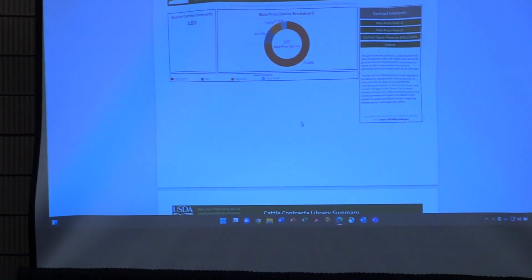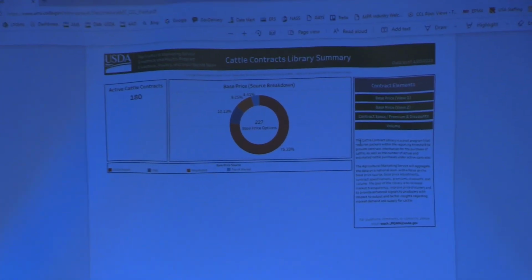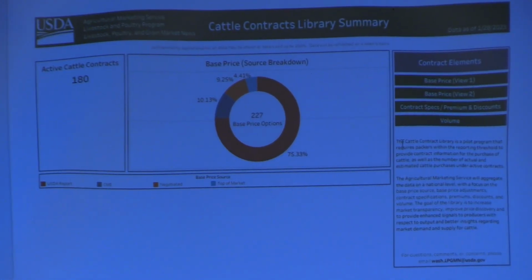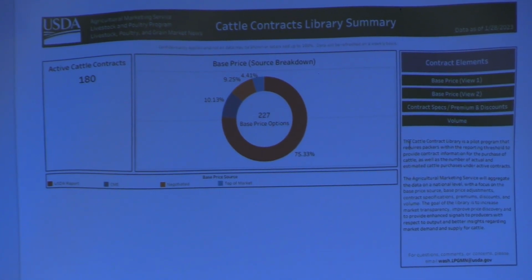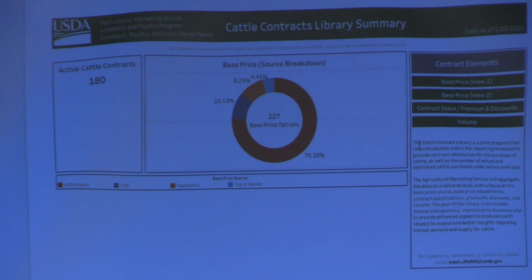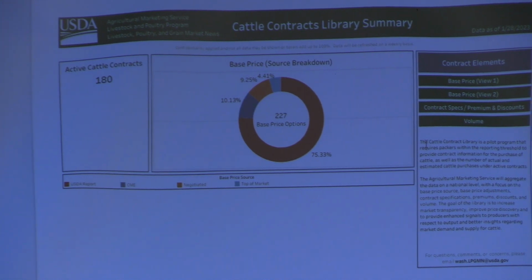As Bruce already alluded to, what the library really does is, as you're probably familiar with, all of our livestock mandatory reporting data. We get submissions from packers who slaughter over 125,000 head annually, and they submit that mandatory price reporting data to us.